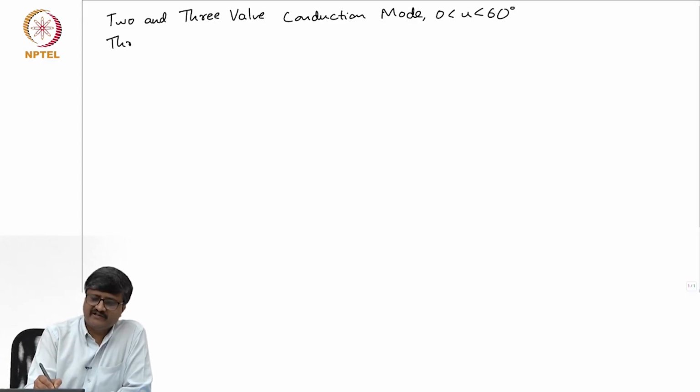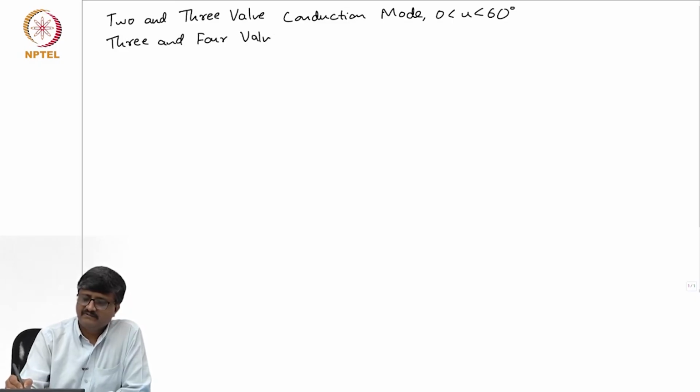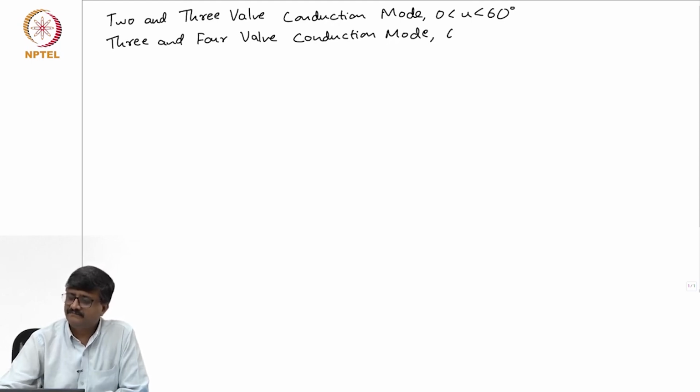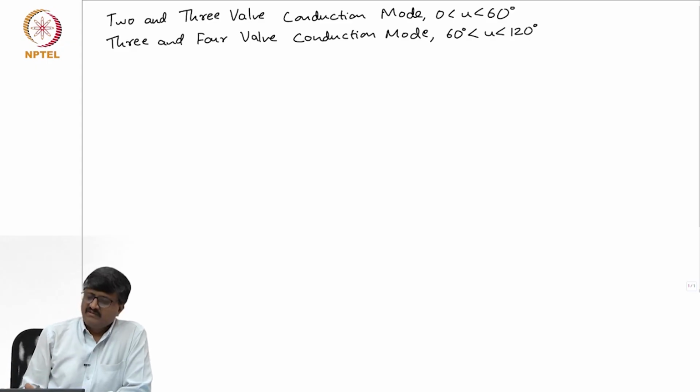For 3 and 4 valve conduction mode, U is greater than 60 degrees. Now we'll see what happens if U is exactly 60 degrees.